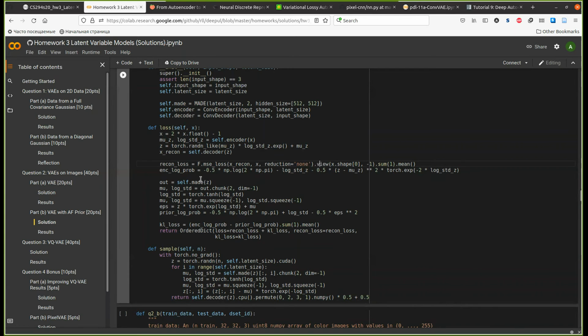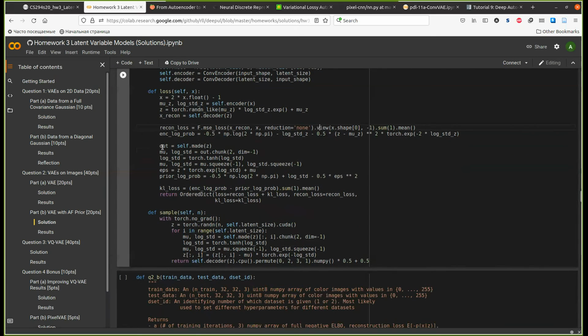And after that, not necessarily after that, we just have another kind of training route here. We feed our latent variable Z to the MADE, which outputs a mean and standard deviation. These are another mean and standard deviation.